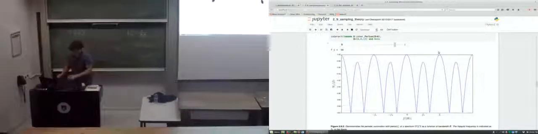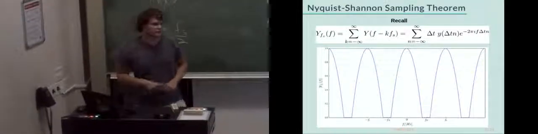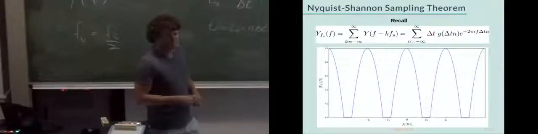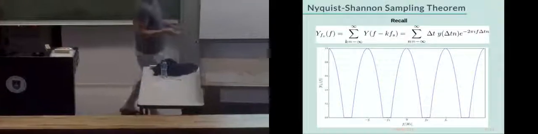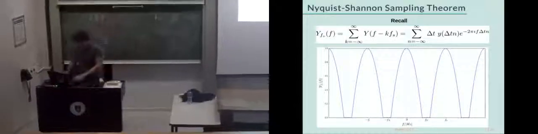So what happens if I actually increase the frequencies in my bandwidth function? You guys see they start to overlap. So effectively, once they start overlapping, I can never reconstruct this guy from what I measured. That's the intuition behind it.